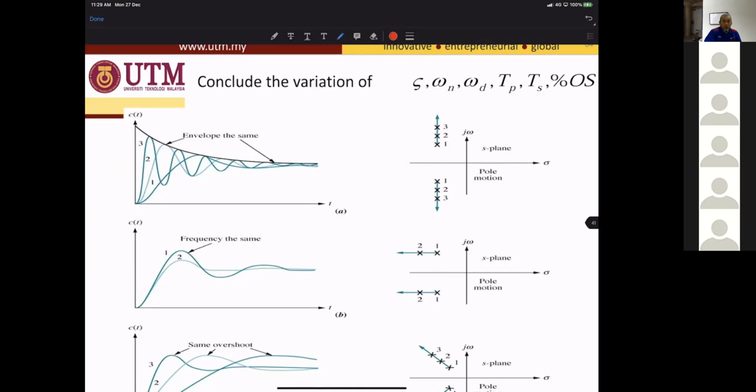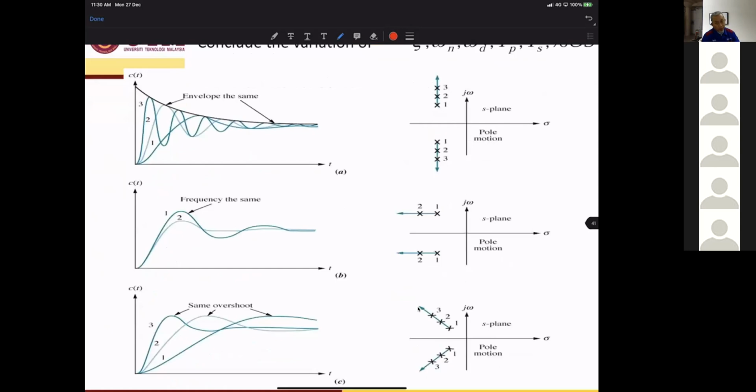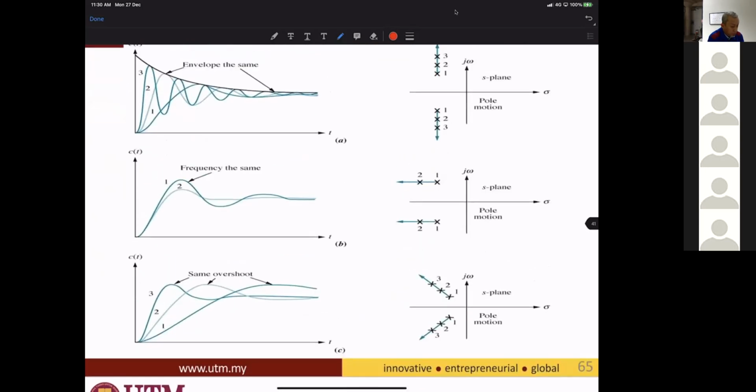Right. So we continue on the slide. The variation of zeta, omega n, omega d, Tp, and Ts, plus the overshoot percentage, where you can see the complex conjugate poles pattern.